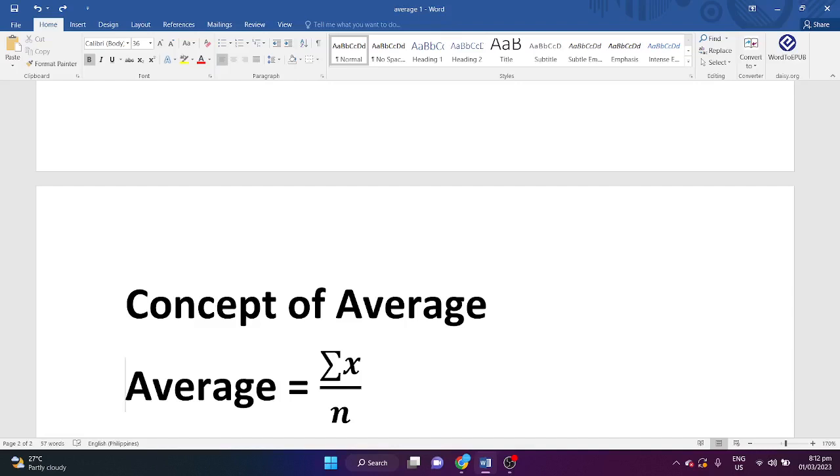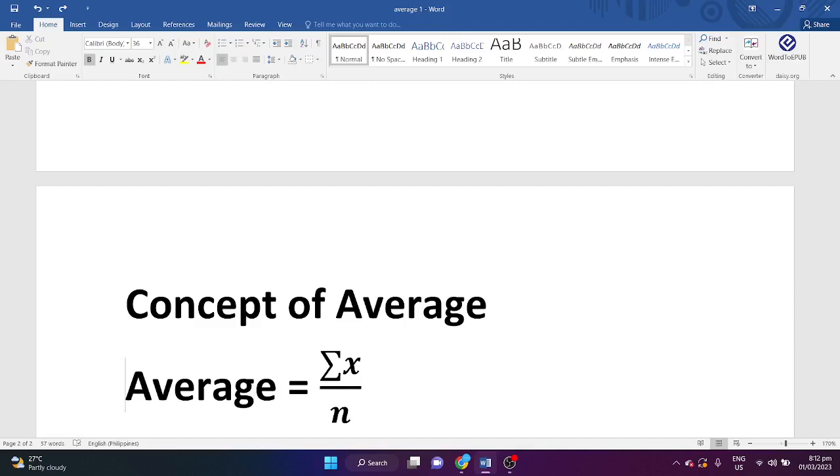But in descriptive stat, it simply means the quotient of the sum of the values in the data set divided by the number of data in the data set.